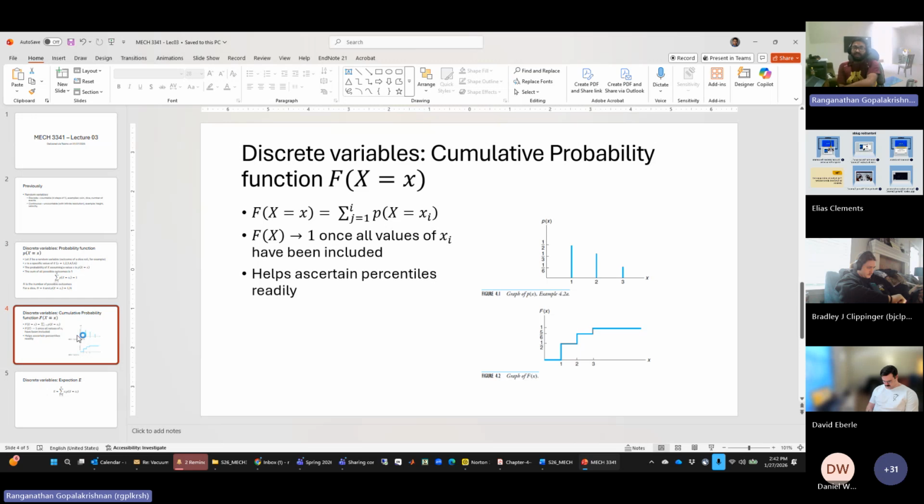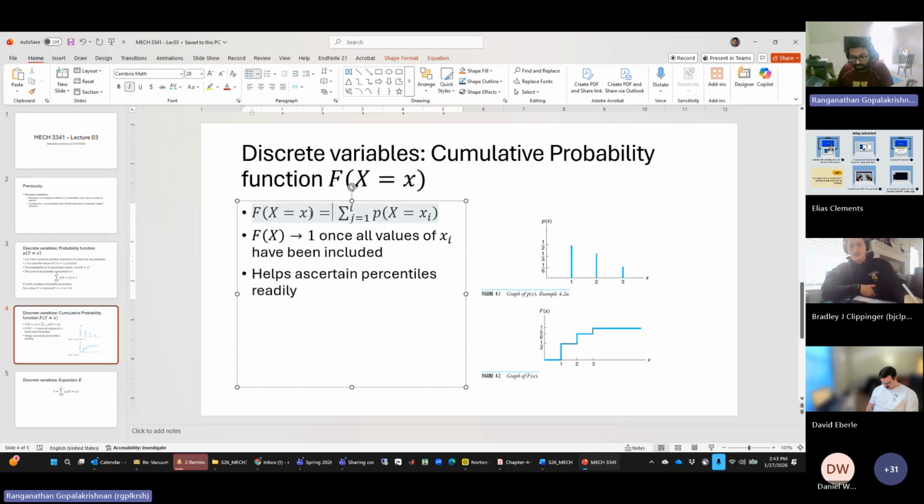We also started seeing what is called the cumulative probability function, which is saying uppercase F assumes a value of lowercase x, which is like saying the probability that the random variable has values from 1 up until xi.